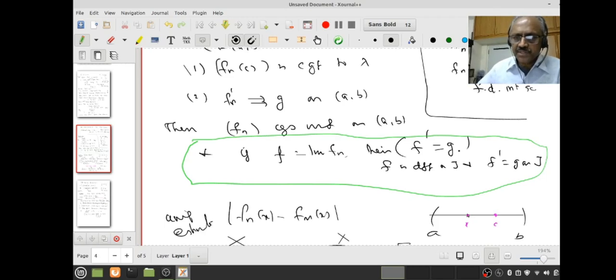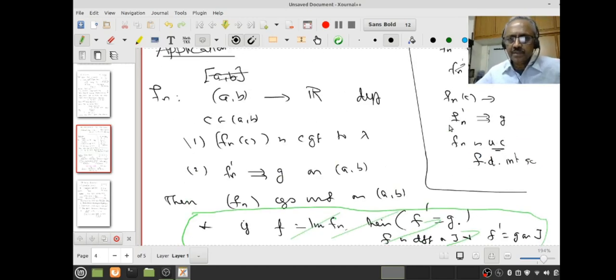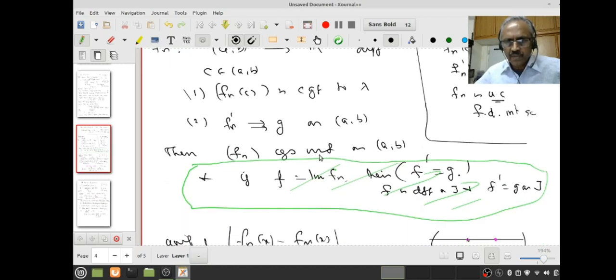So the application is only this much. What is the application? If fn's from [a,b] to R are differentiable and there is a point c in the interval such that fn(c) is convergent and fn' converges uniformly to g, then fn converges uniformly on [a,b]. That's all.